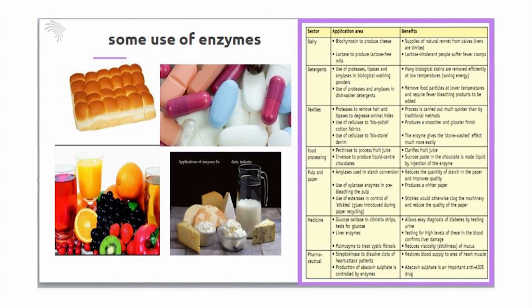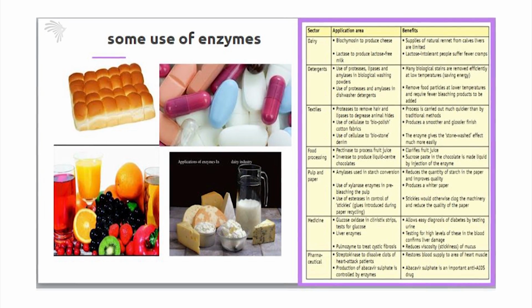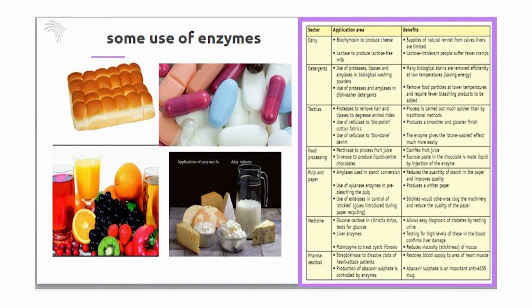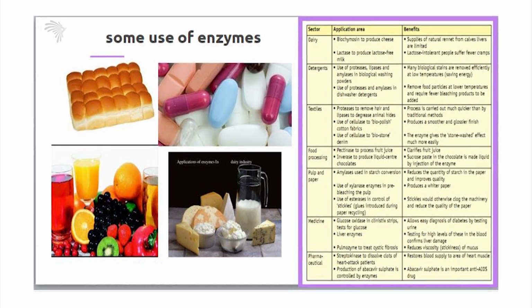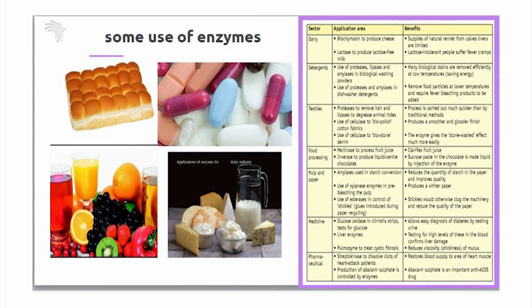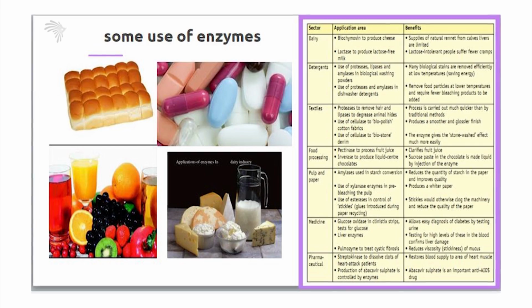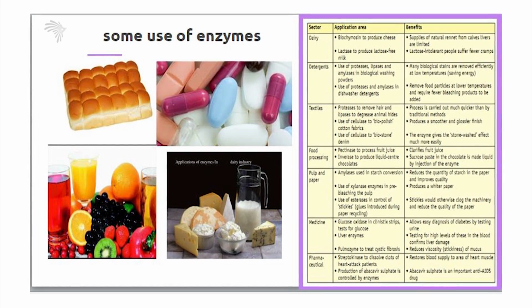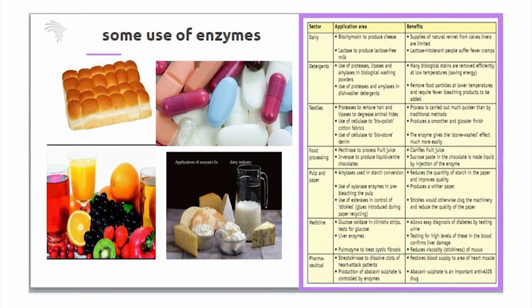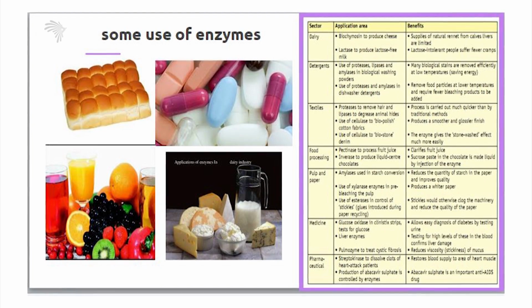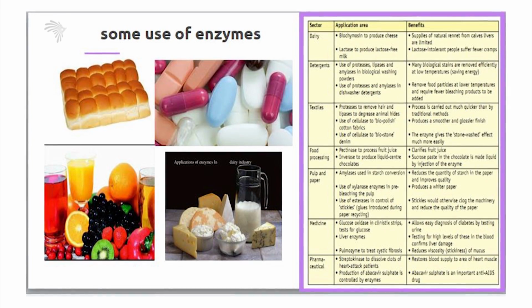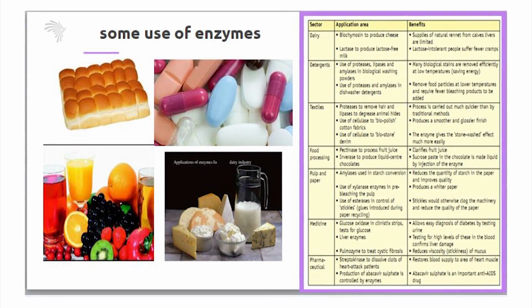Let's look at some of the uses of enzymes. Enzymes can be used in different areas and sectors. For instance, in the dairy sector, detergent sector, textile sector, food processing sector, pulp and paper sector, medicine, and pharmaceuticals. In all these areas, enzymes have various tasks.